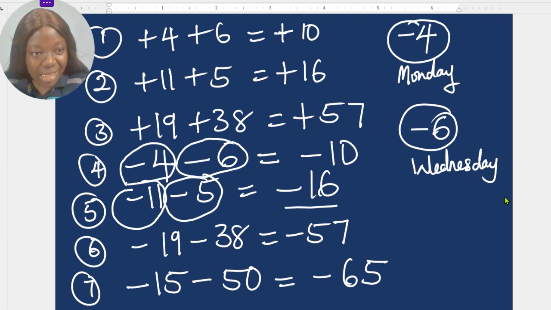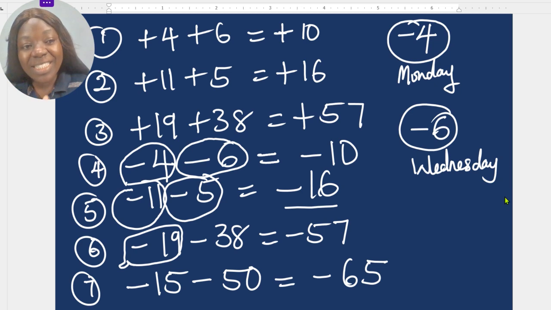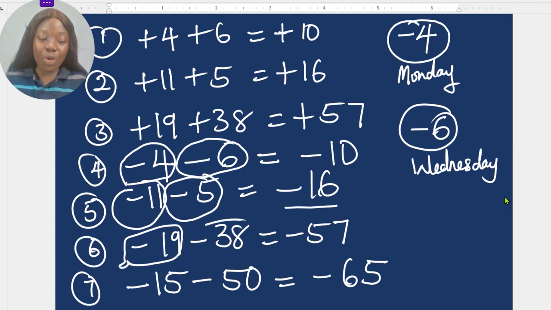Look at number 6. Now, minus 19. I have Joshua in this class, so let's talk about Joshua. On Thursday, after I was done borrowing my money, Joshua went there to borrow 19 naira. And on Friday, Joshua went back to borrow another 38 naira.